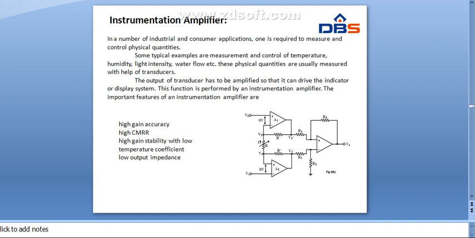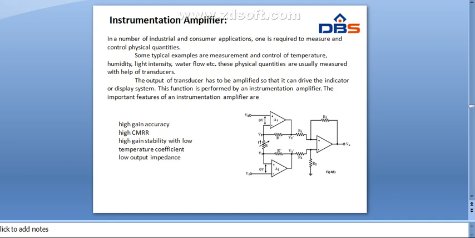Some typical examples are measurement and control of temperature, humidity, light intensity, water flow, etc. These physical quantities are usually measured with the help of transducers. The output of the transducer has to be amplified so that it can drive the indicator or display system. This function is performed by an instrumentation amplifier.